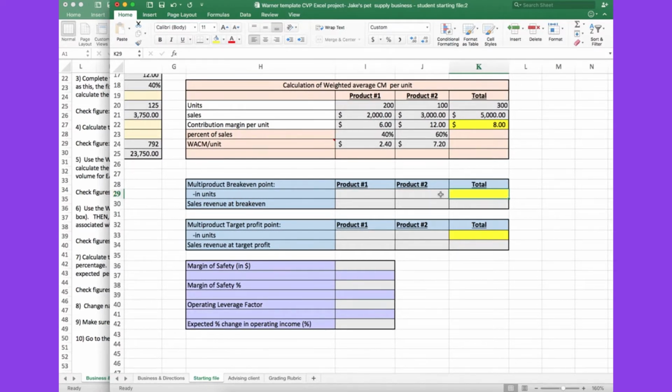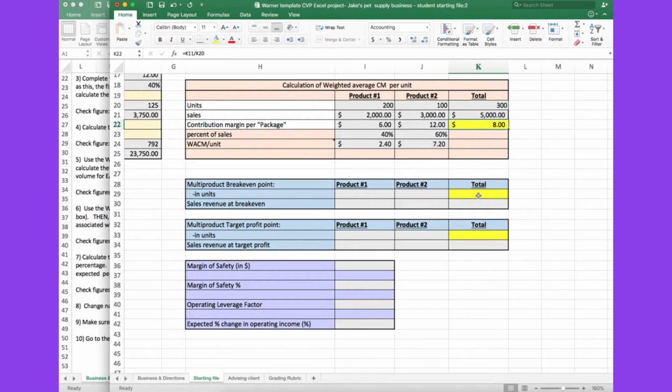Because remember, we're thinking in terms of packages, like a Happy Meal or a peanut butter and jelly sandwich, right? So how many of these packages do we need to sell? We know that the average contribution margin per package, or bundle, is $8.